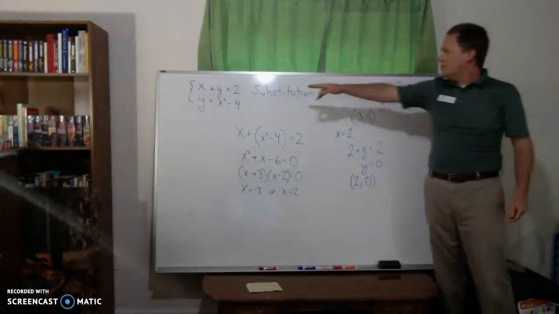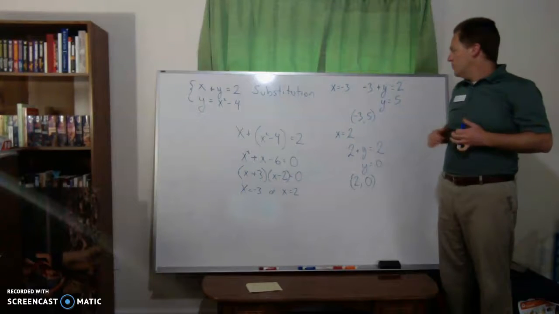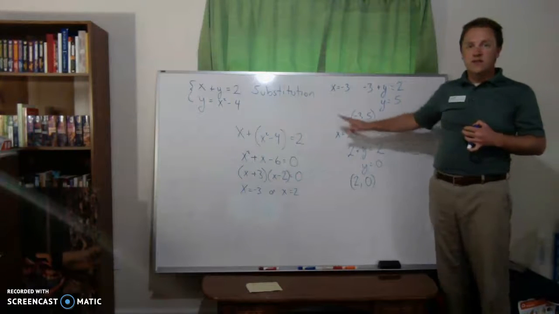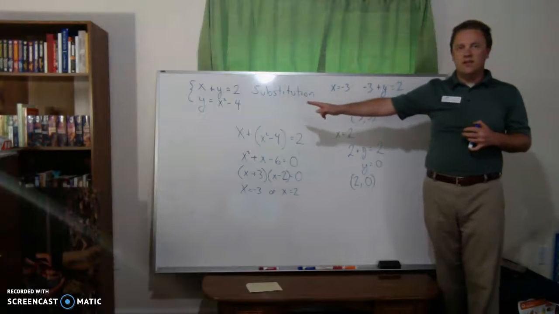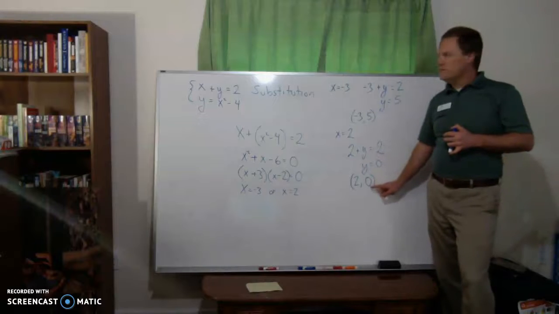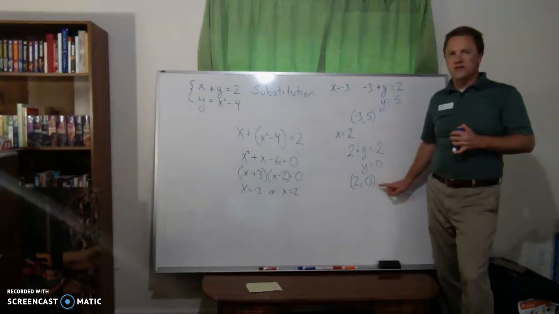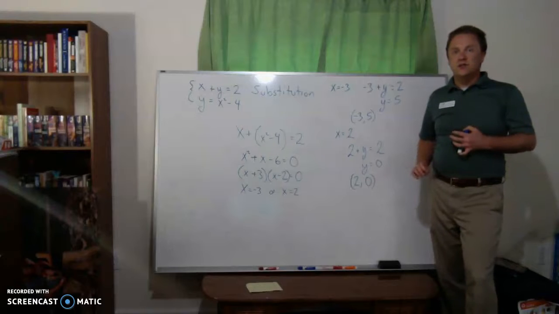To test, let's plug them into y equals x squared minus 4. Negative 3 squared is 9, minus 4 is in fact 5. If I come down here to 2, 2 squared is 4, minus 4 is 0. So this works as 2 solutions.